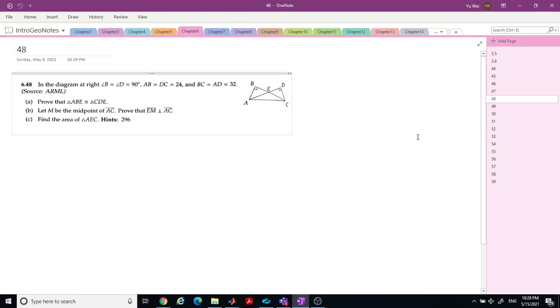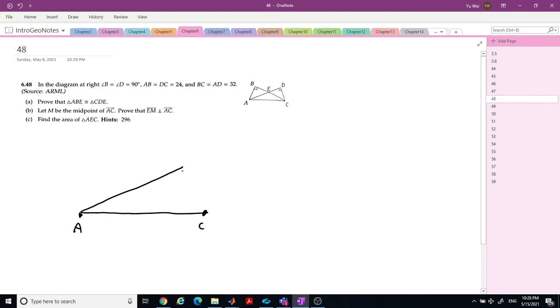Next. Okay, so we have a common side AC, and we have two right triangles, with D and B. Okay, so if you see this in the future, of concyclic, right?